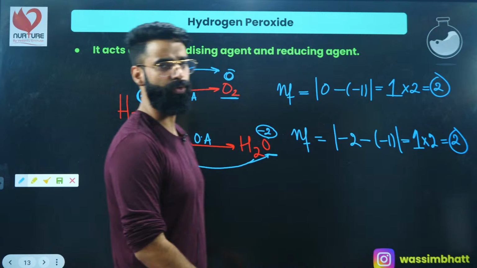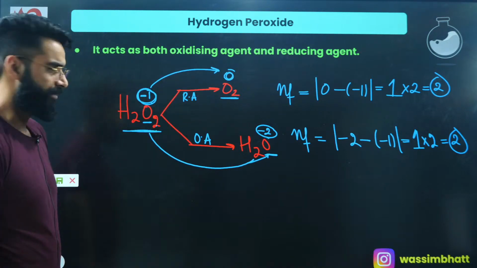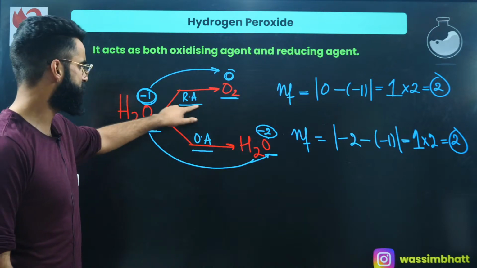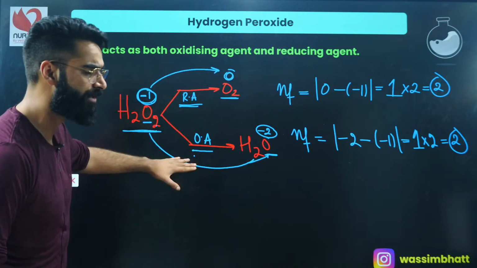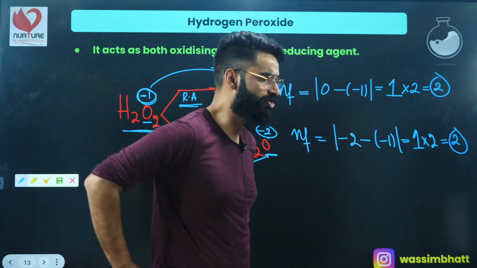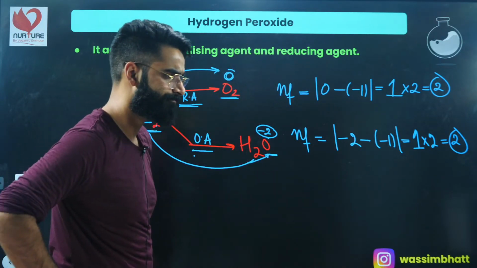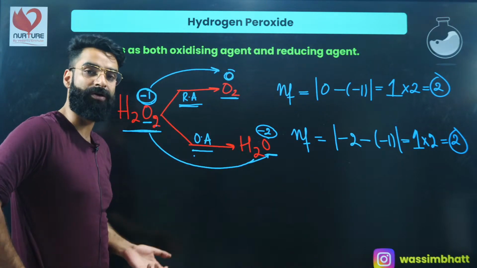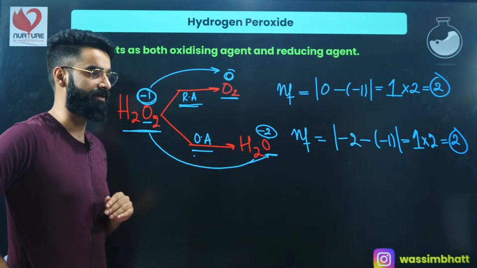So remember, whenever H2O2 will be acting as the reducing agent or the oxidizing agent, in both the cases, N factor of H2O2 is going to be 2, right?